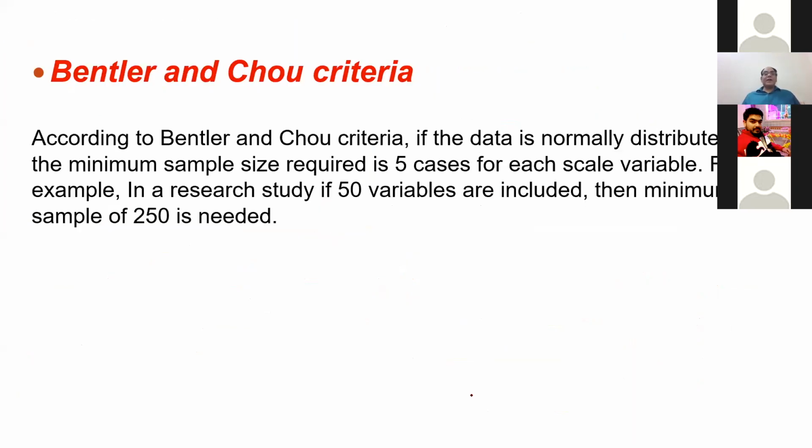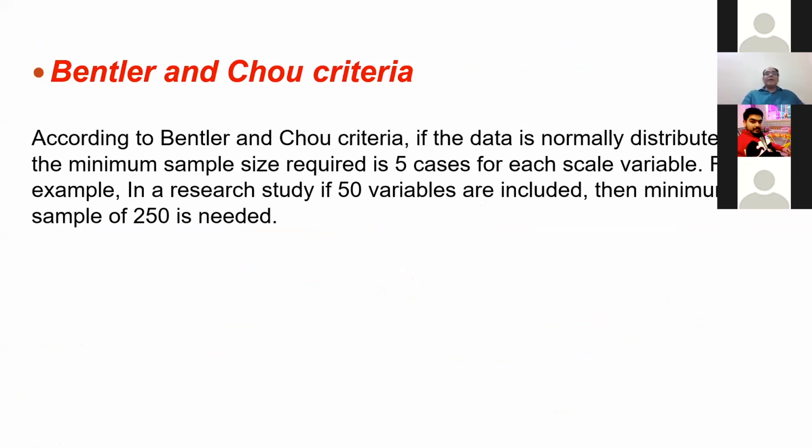Recently I also discovered this criterion from the literature, called the Bentler and Chou criterion. In some cases we found that the sample size does not fulfill the other criteria, so we look for any criterion which we can report.